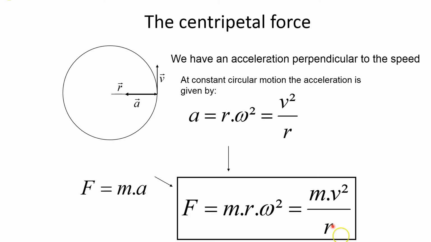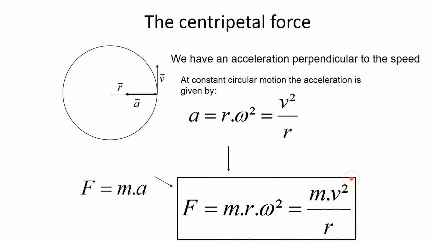So now we can calculate this. One important thing, I go back a little, is that this force is not the same as, let's say, gravity or frictional force. This is in fact a form of a net force. So a resulting force or a net force can take the form of centripetal force. The centripetal force needs to be caused by something.